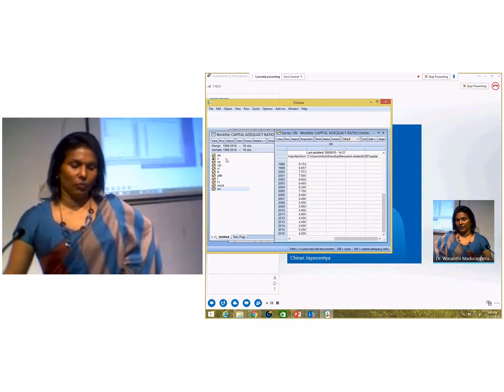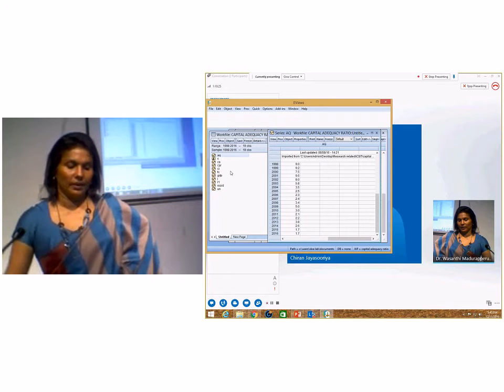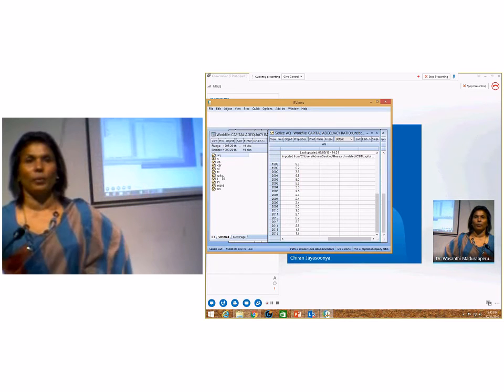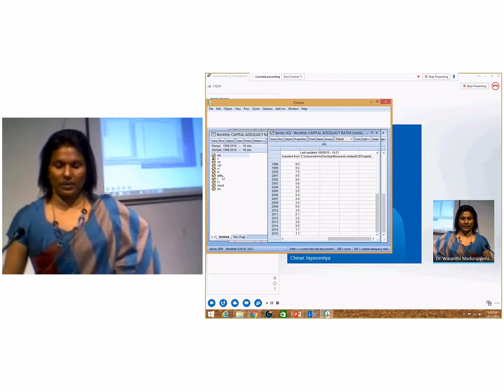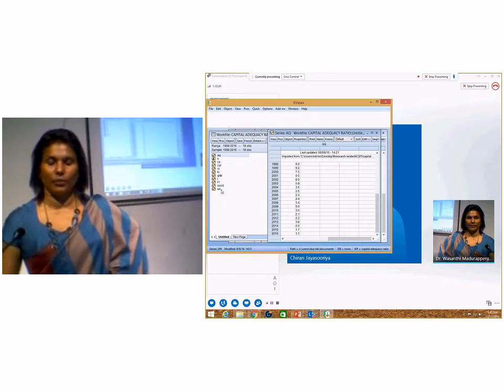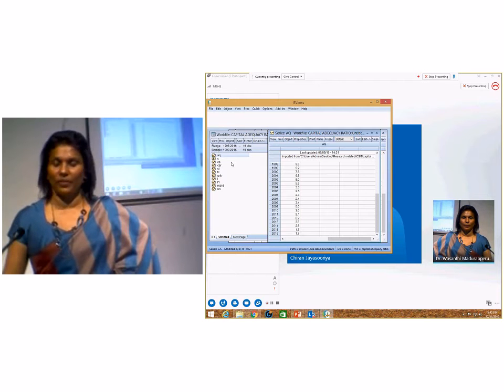Assume that for the capital adequacy ratio, you want to know what the microeconomic factors for the capital structure are, and what the macroeconomic factors that affect the capital structure are. Assume that you want to do such type of research.